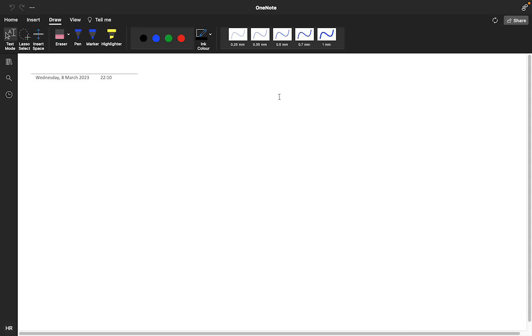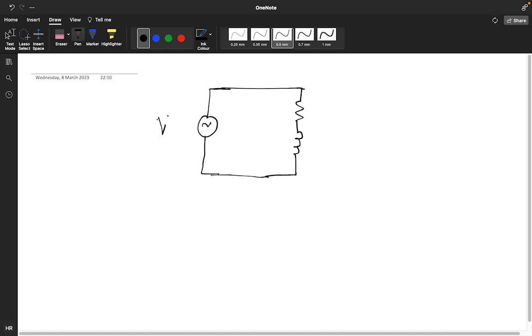Now you understood. If you have a circuit like this, suppose I am taking in phasor form V at an angle theta.